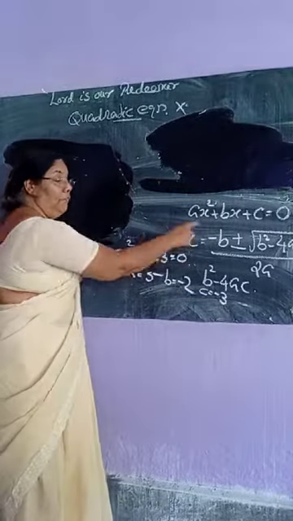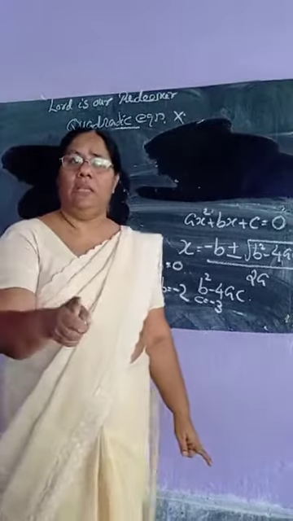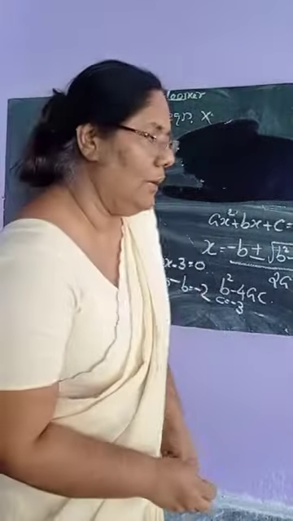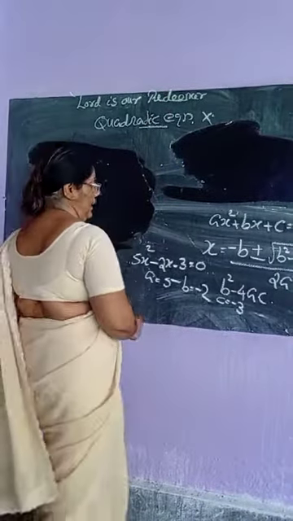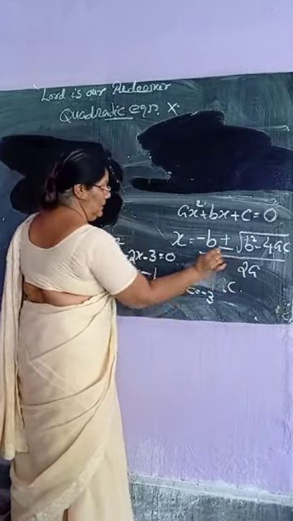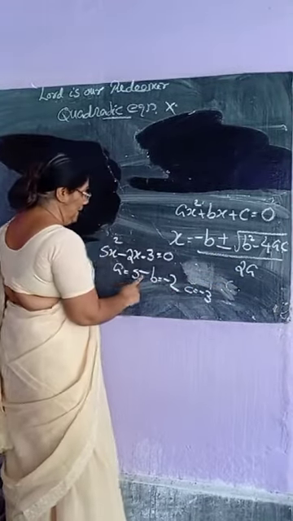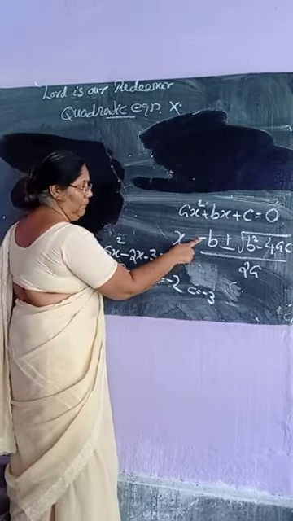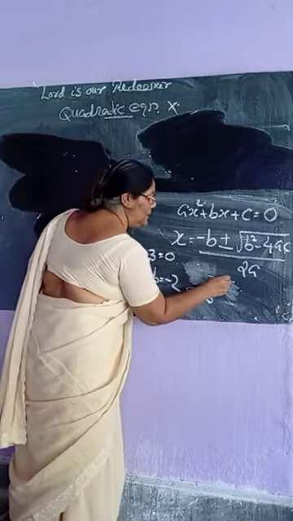Now copy the formula. In all the questions, copy the formula. Very important. After copying the formula, you can substitute. Minus b means b is minus 2, therefore minus b means 2.